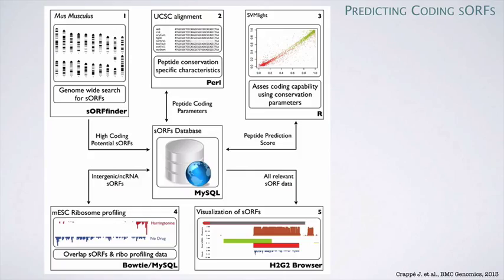Visualization was done in an in-house browser, and this is, for example, visualization. This is the conservation. The higher the bars, the better conserved. This is based on the fastcons measure. This is just to pinpoint an antisense small open reading frame, and this gives you the ribosome profiling information, the baseline ribosome profiling information.